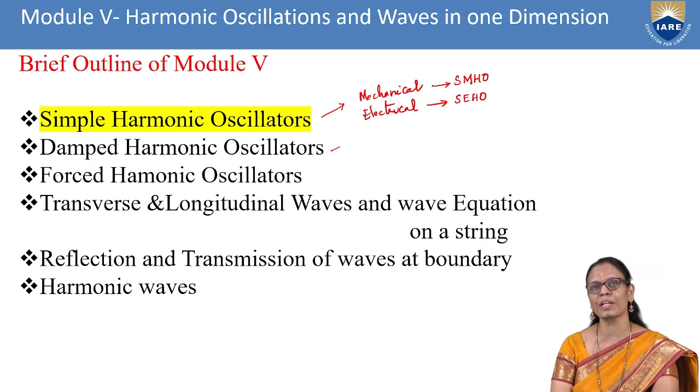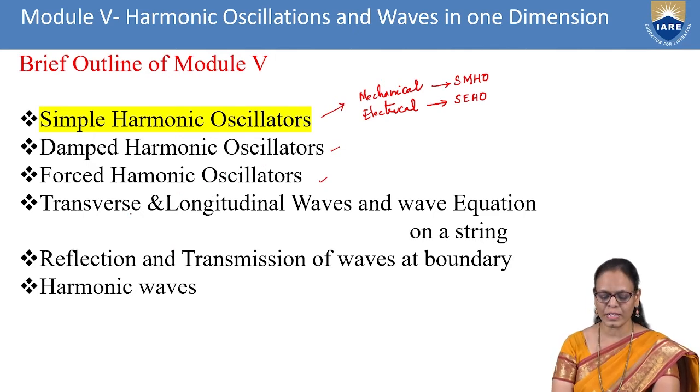In simple harmonic oscillators, we are only going to discuss harmonic oscillations without considering the damping. But in damped harmonic oscillators, we are going to introduce the factor that is caused due to damping. And then we'll discuss the forced harmonic oscillator, where the oscillations will be forced oscillations.